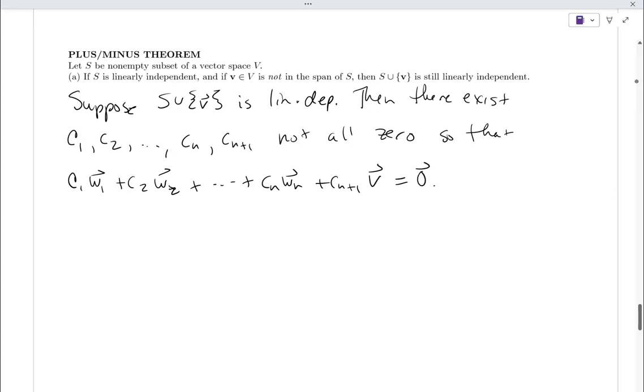So let's say we have a linear combination of all the W's and the V that gives me the 0 vector, and not all of the constants are 0. That's the definition for linear dependence, just going from the definition.